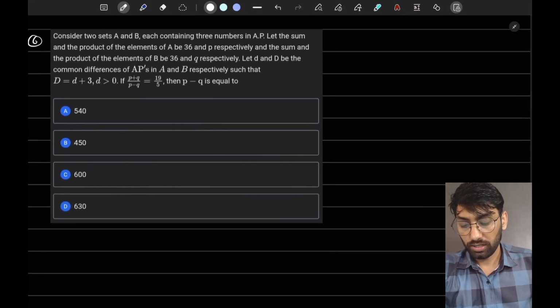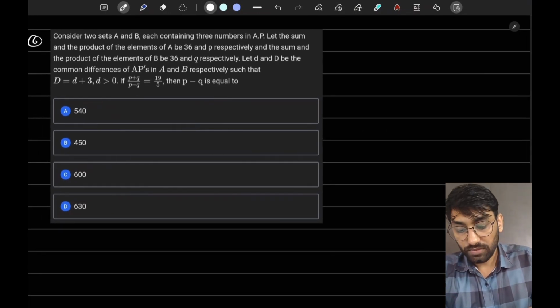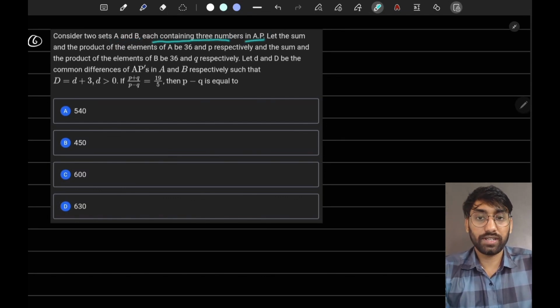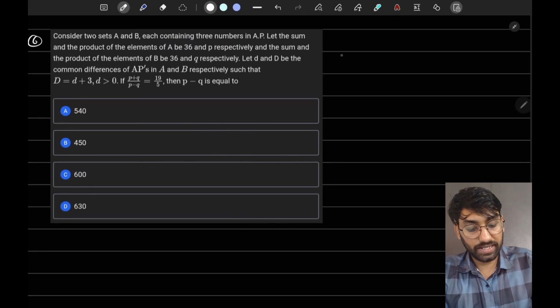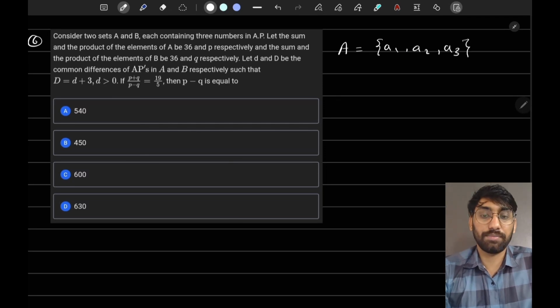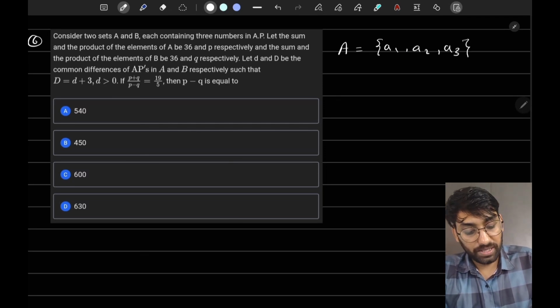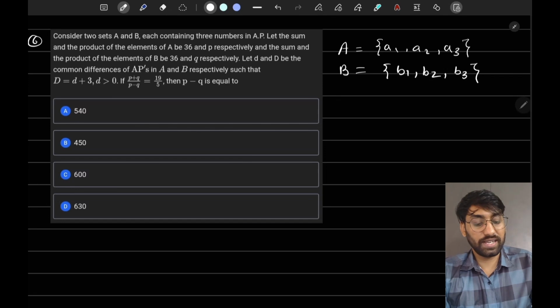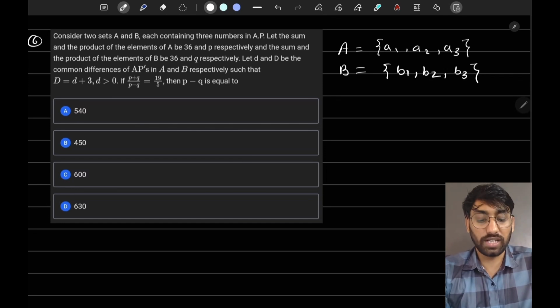Okay, so what are they saying? They are saying that consider two sets, A and B, each containing 3 numbers in AP. Suppose I am having a set A which contains numbers A1, A2, A3, and these numbers are in AP. Another set I am having is B, which contains B1, B2 and B3, and this is also in AP.